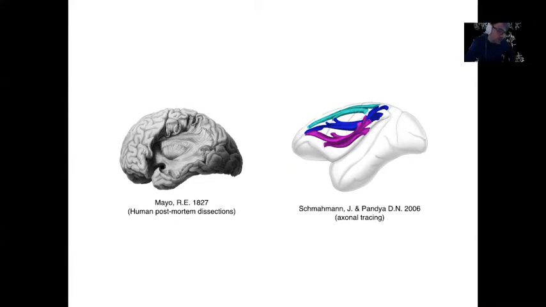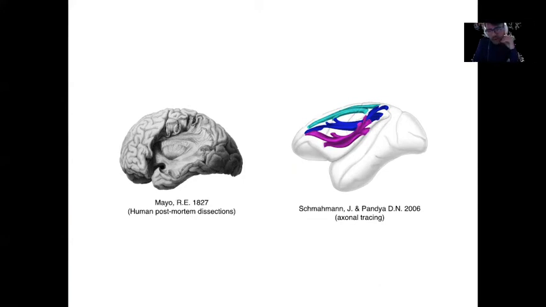On the other hand, if you look at the anatomy of white matter connections derived from axonal tracing in macaque monkey, we have a very clear depiction of how the frontal lobe connects the parietal lobe through three branches of the superior longitudinal fasciculus, one in cyan, two in dark blue, and three in pink.